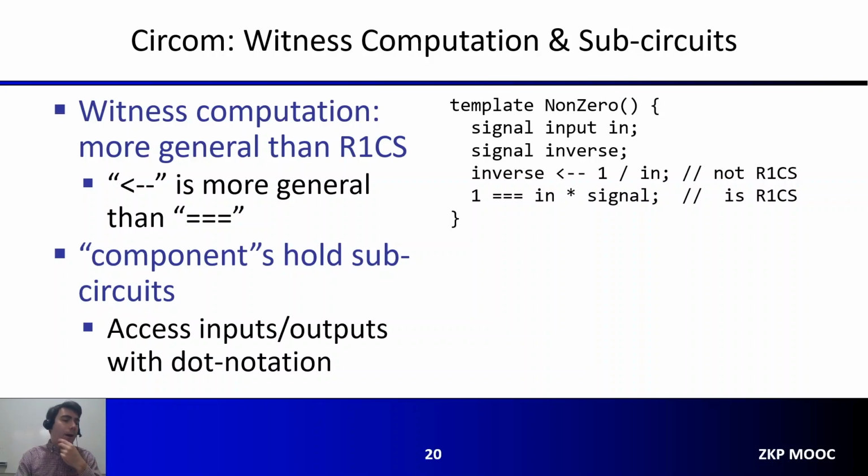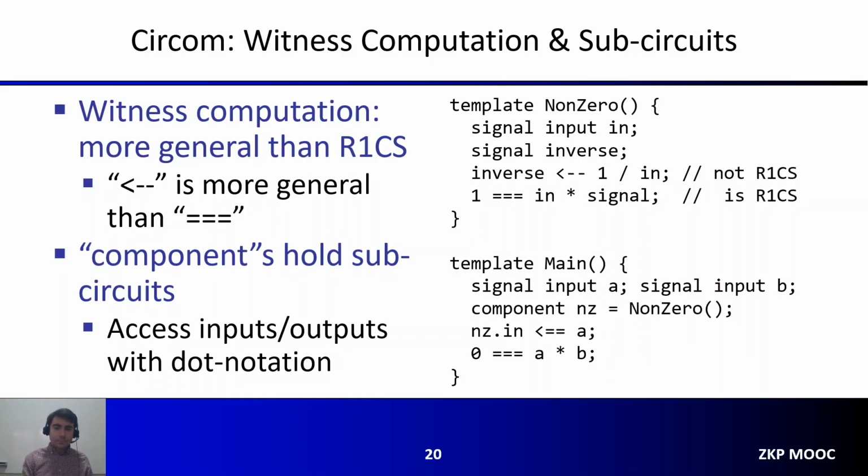Now I want to show how you can include one template inside of another. And so we're going to do that by creating a tiny toy template that uses non-zero. So our toy template, we're going to call it main, and it has two inputs, A and B. It creates a subcircuit using the component keyword. So we create a new component called NZ, which is going to be equal to the result of synthesizing the non-zero template.